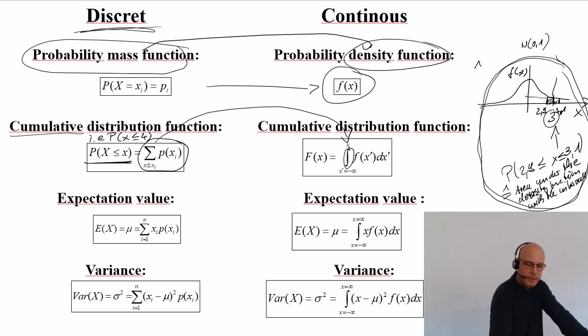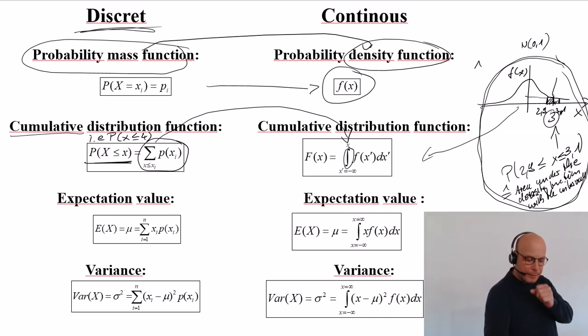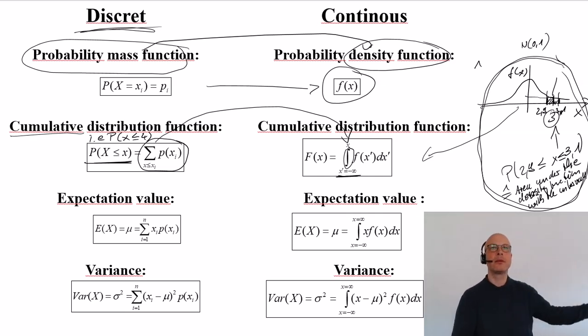And here, as I have shown you, this is then the area under the density function, and the cumulative would be then that we start with the lowest possible event, and in general the lowest possible event could be minus infinity.